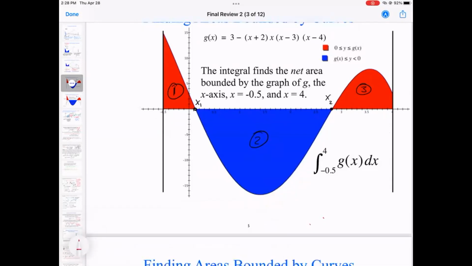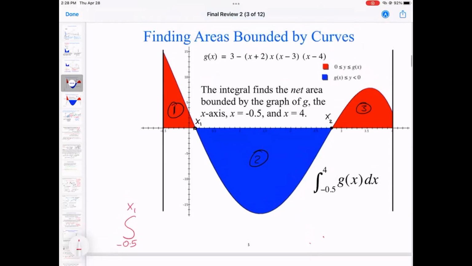Integral from, what is the starting value there? Like negative 0.5, right? Yes, so that's going to be negative 0.5 to x1, which is the point of intersection, of the function g of x dx.